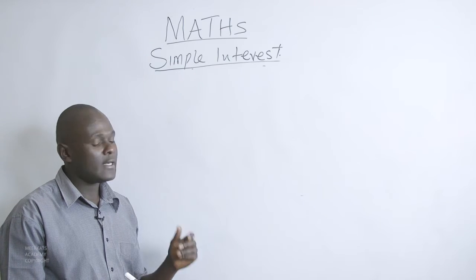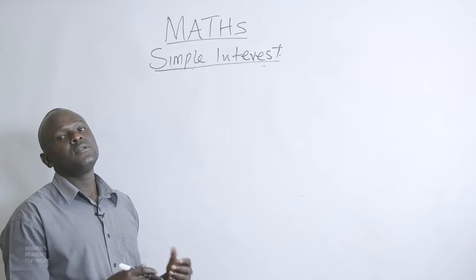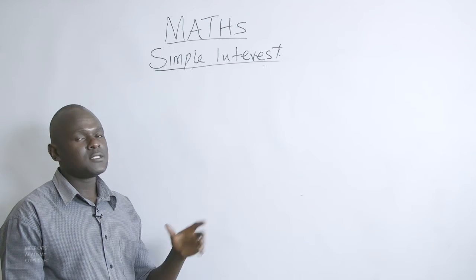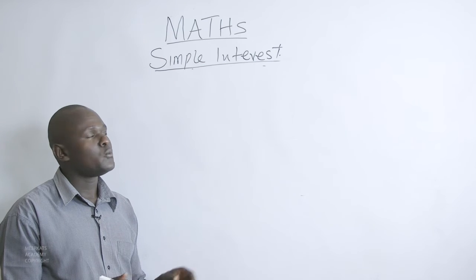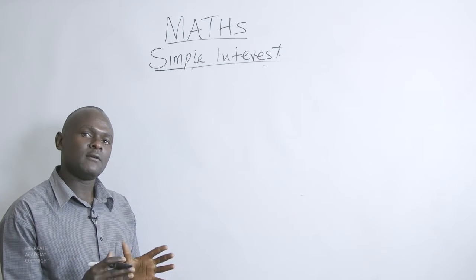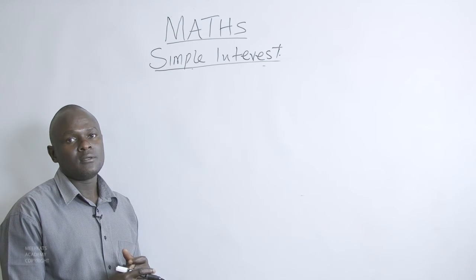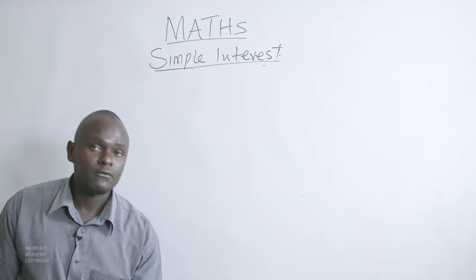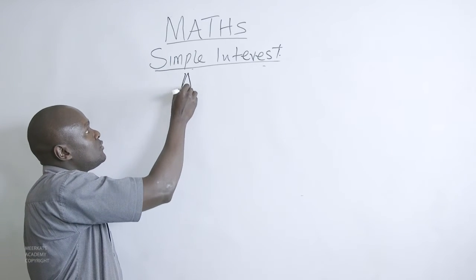I hope we now understand what simple interest is, and we also understand the simple interest formula, and we are able to apply that particular formula in calculating various components of the formula. Let me now give you an assignment, just 2 questions that will help you during revision.